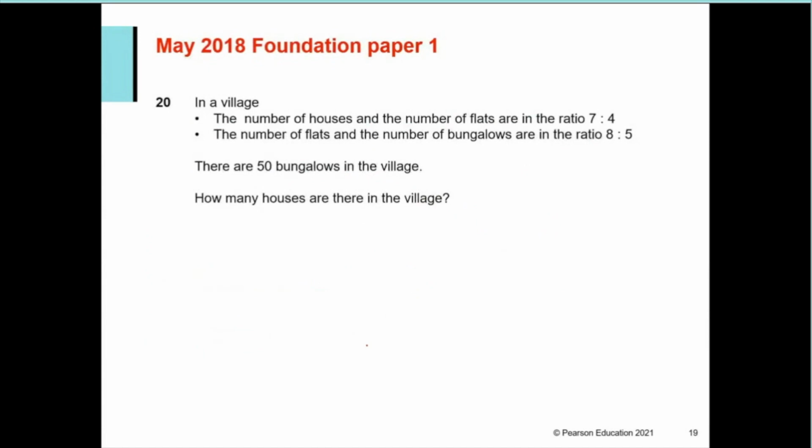From the May 2018 foundation paper, the houses and flats, flats to bungalows. Now, I've picked this one because it was directly off an exam paper. There's loads of examples out there with chickens and pigs and goats and stuff on farms where you're having to do something with these two numbers here. Now, these ones here fall out quite nicely. 4 and 8, obviously, we can see that that falls out quite nicely. And you might have taught it where you double it, so it's 14 and 8, so you're comparing like for like.